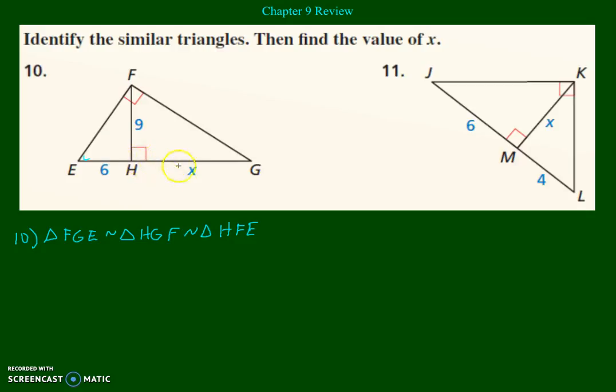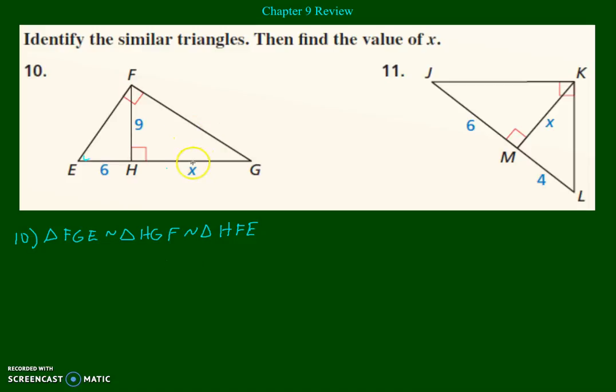Now, we have to find side X. To find X, we could use the geometric mean altitude theorem, but I want to show you how to do it without the geometric mean altitude theorem, just using the similarity statement, and then contrast that with the geometric mean altitude theorem to show you the value of geometric mean altitude.